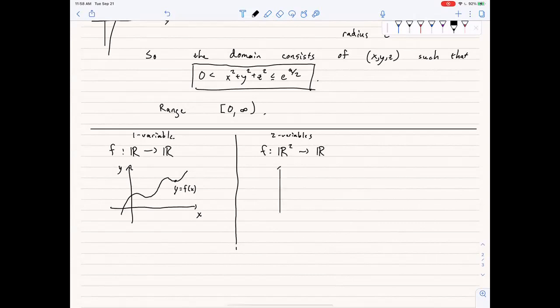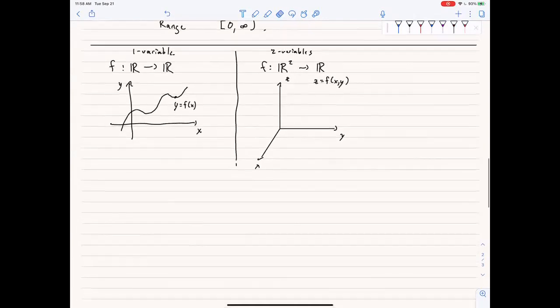So we're going to draw our axes. And now the idea is we're going to look for all solutions to the equation z equals f of x, y. So I think you can imagine, I can't seem to draw it, but we'll try one more time.